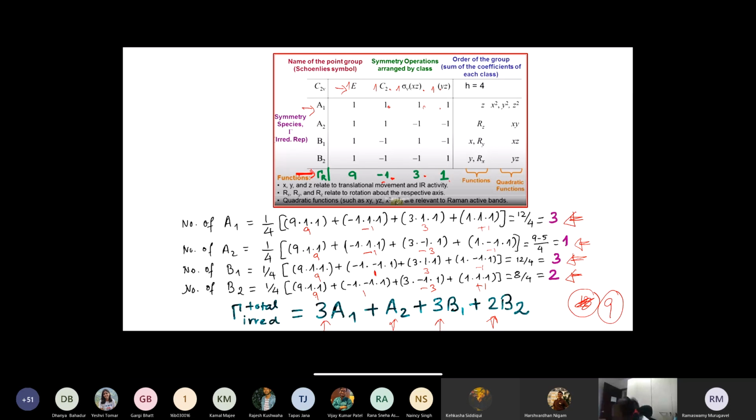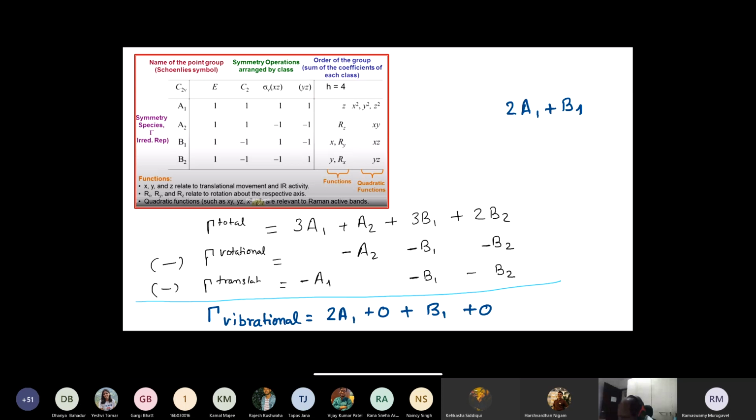Now, taking help from the character table, you can essentially subtract what belongs to rotation and translation. So you can see here R denotes rotation, Rx, Ry, Rz correspond to A2, B1 and B2.